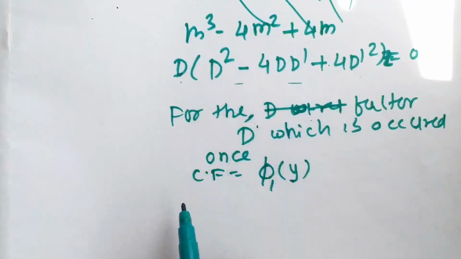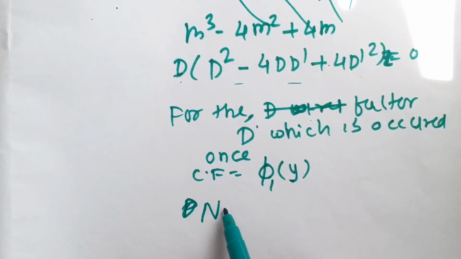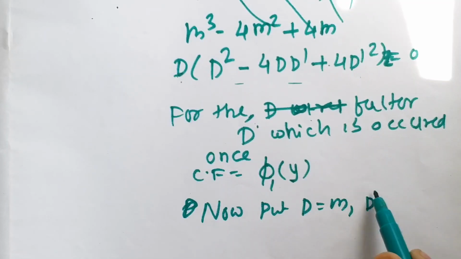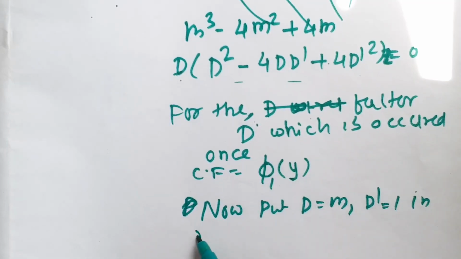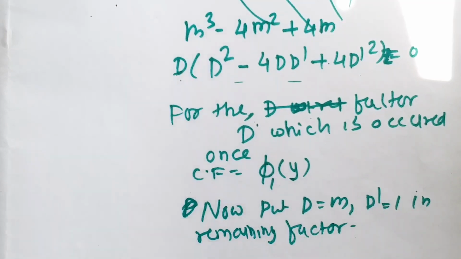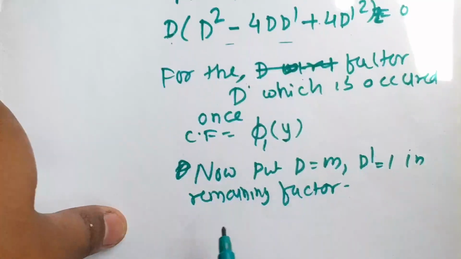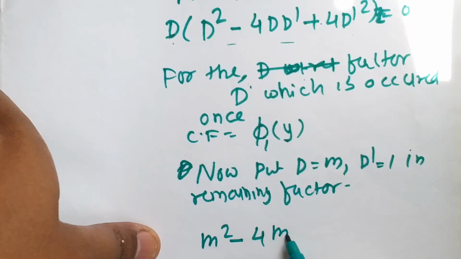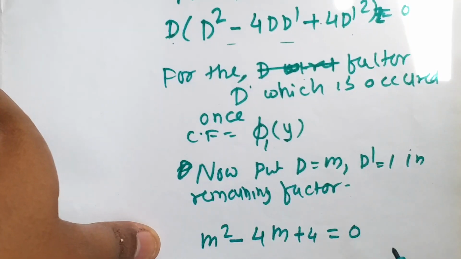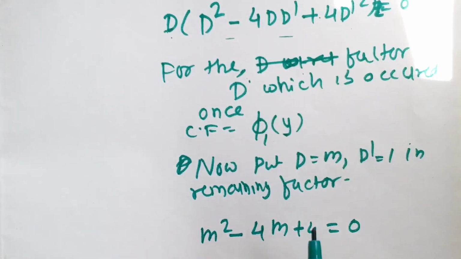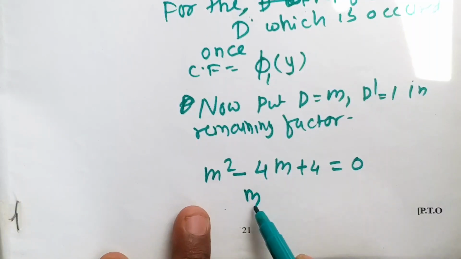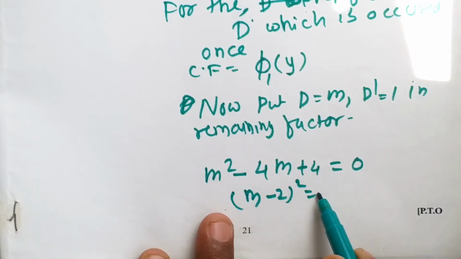Okay. Now for the remaining factor we'll do. Put D equal to m and D dash equal to 1 in the remaining factor. So what is the remaining factor? This bracket. After putting that in, we'll get the second degree polynomial m square minus 4m plus 4 equal to 0. What are the roots? This is a perfect square, m minus 2 whole square, right?